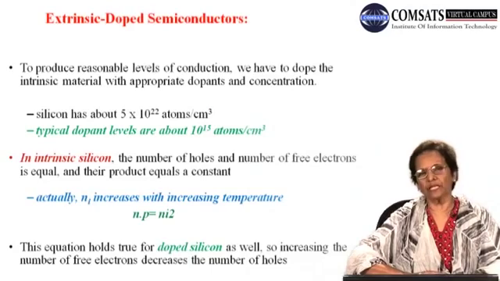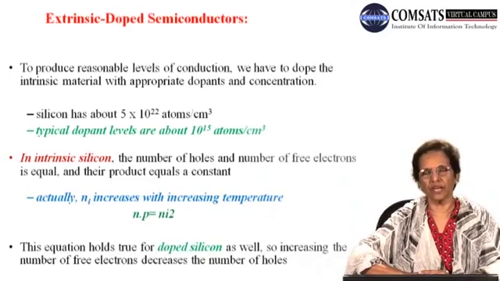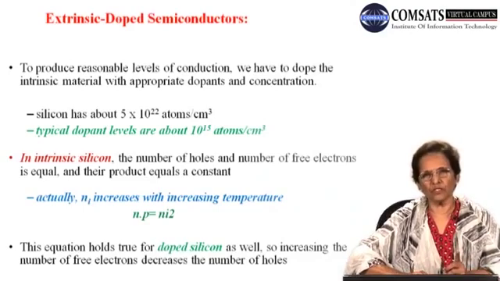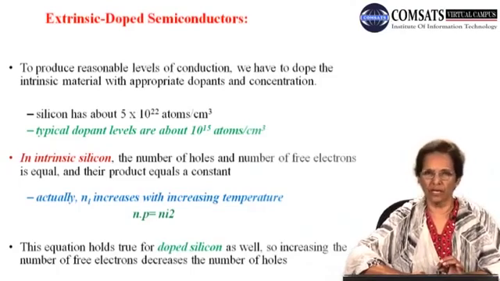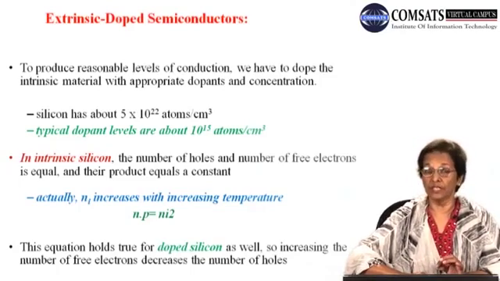Finally, the carrier concentration, as I just explained, is highly temperature dependent. Whether you dope a semiconductor material or you are utilizing a pure crystal, both contain electrons as well as holes, and their product in a given material, which is n times p, must remain equal to some constant, Ni square.